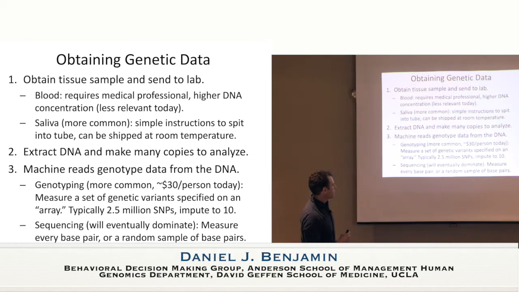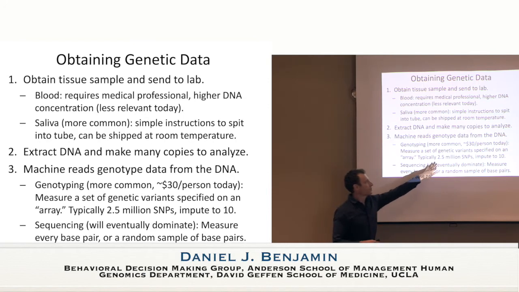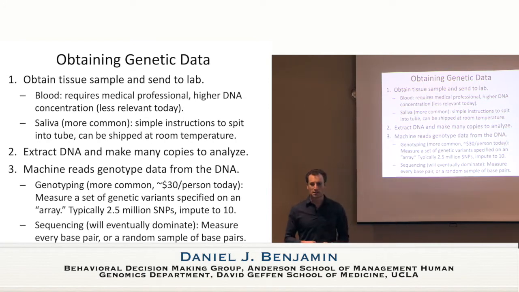But what's likely to be even more common in the very near future is what's called low-density sequencing, where you don't sequence every base pair, but you take a random sample of base pairs and sequence those. That is as cheap as genome-wide genotyping, and you actually get more than 2.5 million SNPs by doing low-density sequencing.